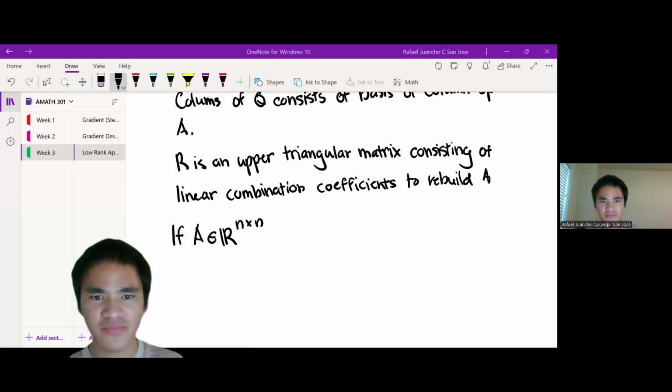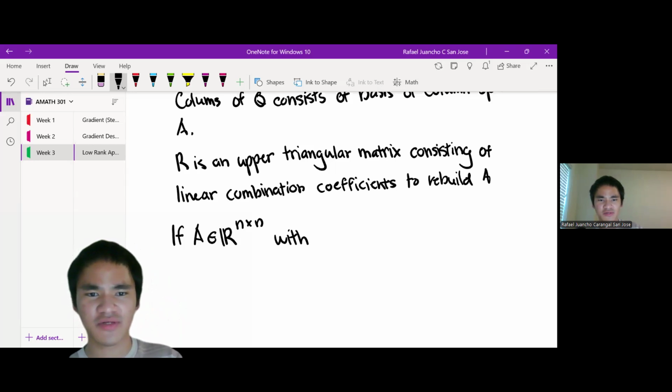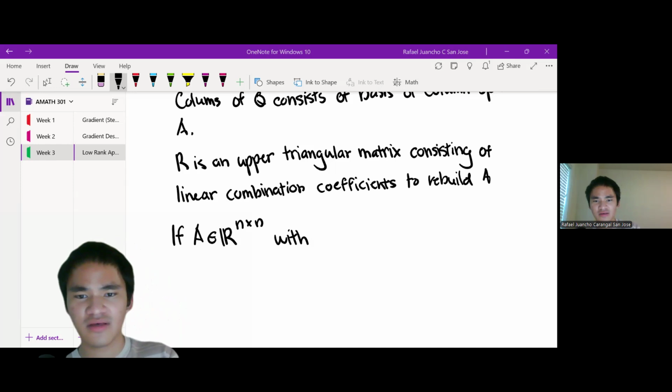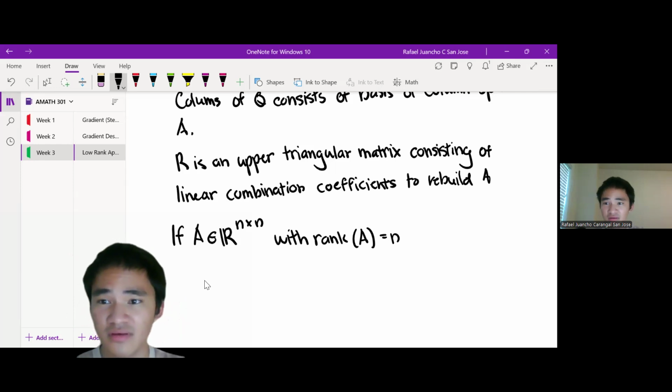Okay, let's give an example. So we say that if I have a matrix A, this is a square matrix, n by n, and the rank of this matrix is just n. So meaning we need n columns and n rows.